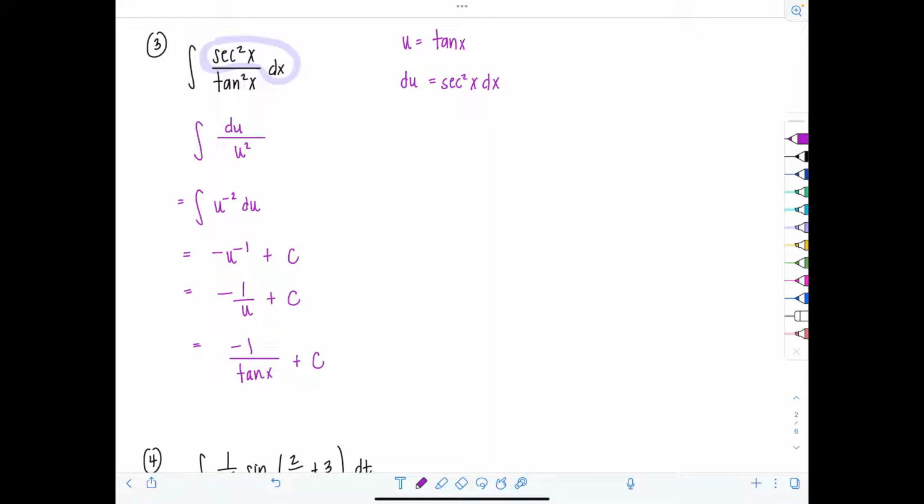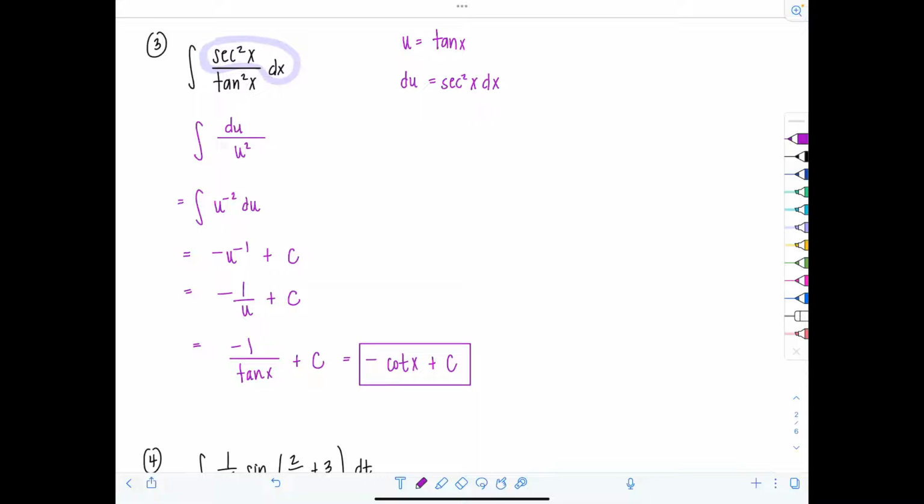And we know 1 over tangent of x is cotangent of x. So our final answer should be negative cotangent of x plus c. All right. Yes, you need to rewrite 1 over tangent of x as cotangent of x for your final answer. Absolutely. I would dock a point if you didn't, if you were in my class, okay?